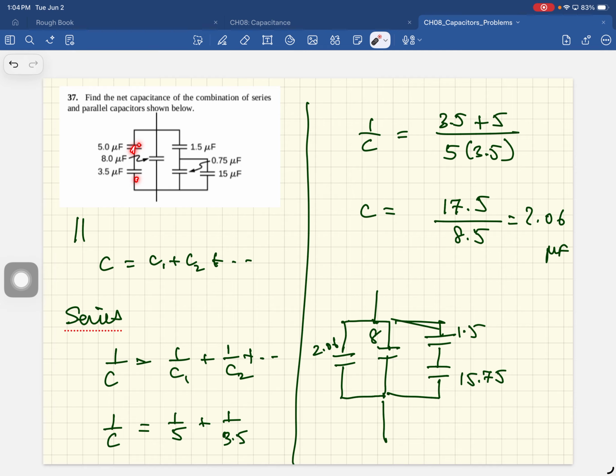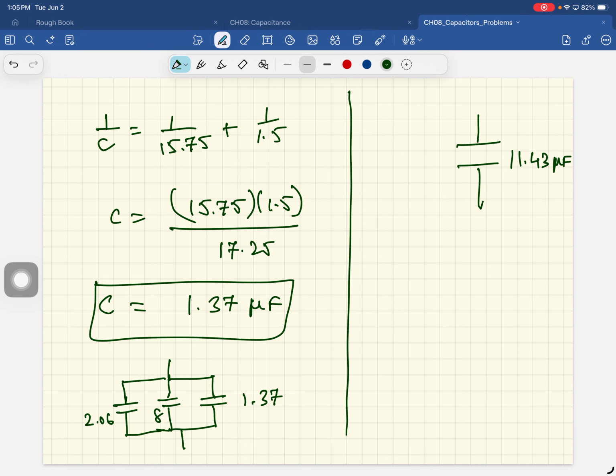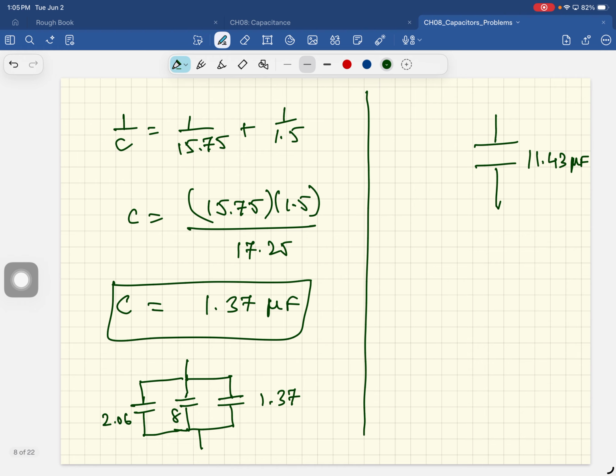Charge Q is C times V, which is 1.33 microfarad times 10 to the 3 volts, 1.33 millicoulomb. So now we know the charge on each capacitor, 1.33 millicoulomb. Now what we're going to do is disconnect these guys and connect them in parallel.